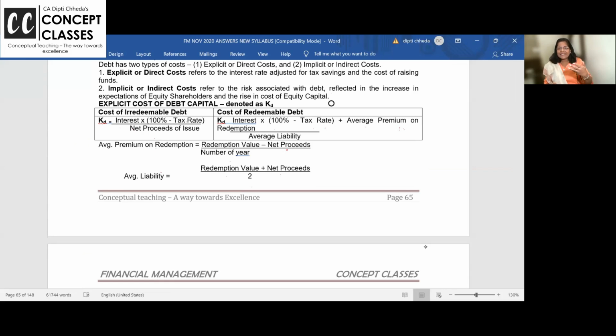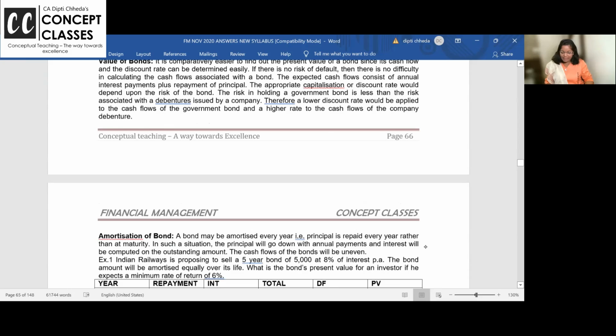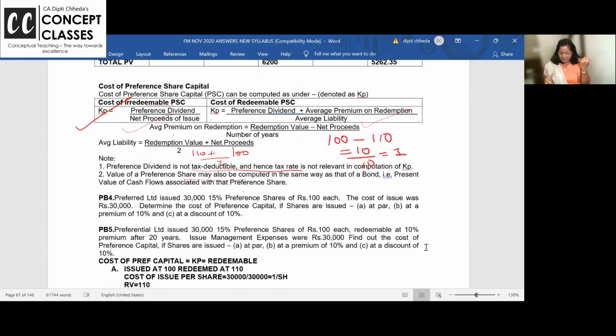I have shown you in detail what is redemption value and how to calculate average liability. Same formula for KP. Only thing is preference dividend, don't do 100 minus tax, because dividends are not allowed as business expenditure. And average premium and average liability, rest all is same.